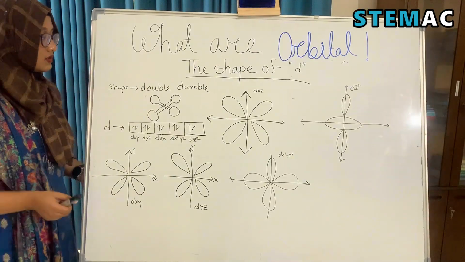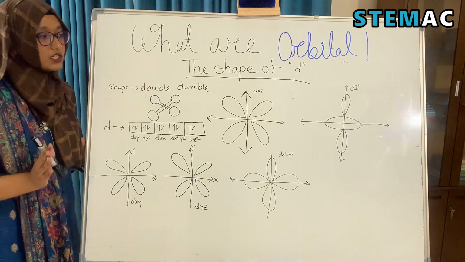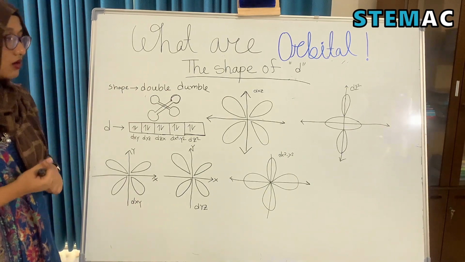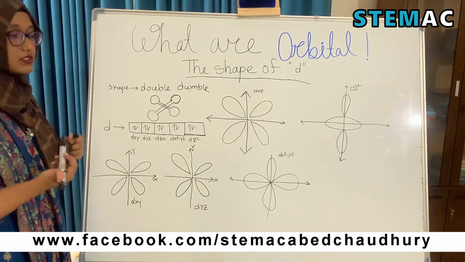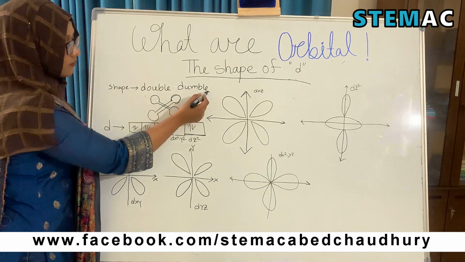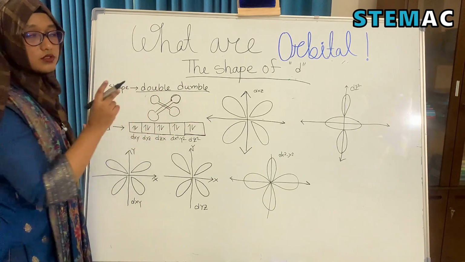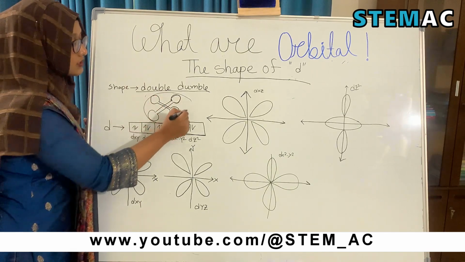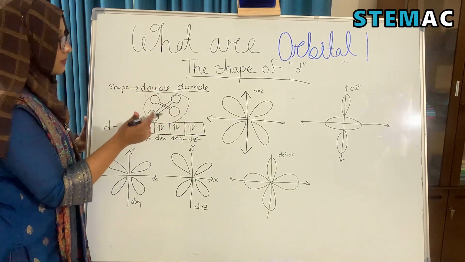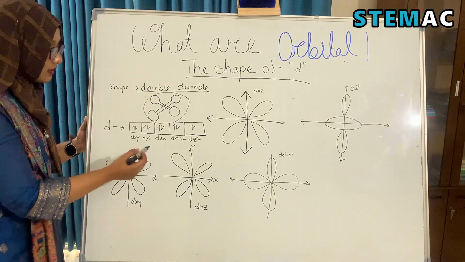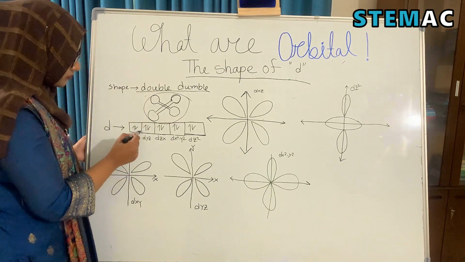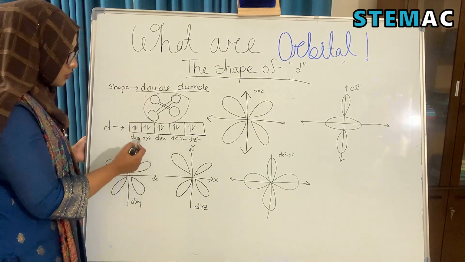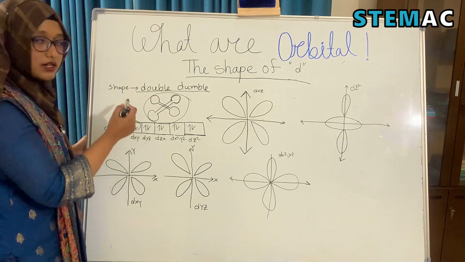Okay. Lastly, we're gonna learn about the d orbital for this orbital class. For the d orbital, we have a dumbbell shape. In p, what we learned is a dumbbell shape, but in case of the d orbital we have a double dumbbell. Here in the electron distribution we have 5 boxes, in which the electrons are in opposite directions.